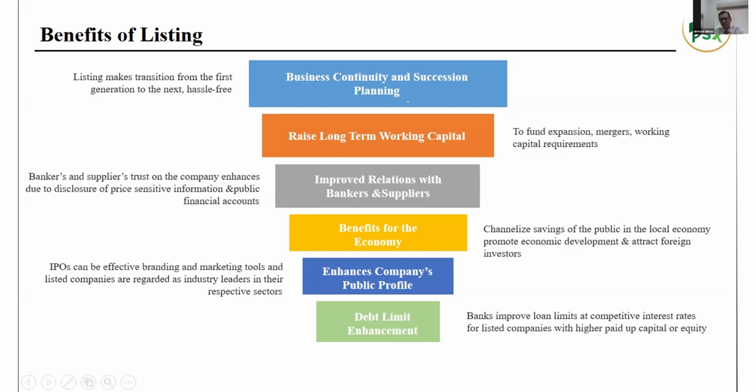And then there is the public profile. Obviously, the visibility becomes really high, because a listed company will always be more reliable than an unlisted, private limited or public unlisted company. This is actually a very sensitive topic.